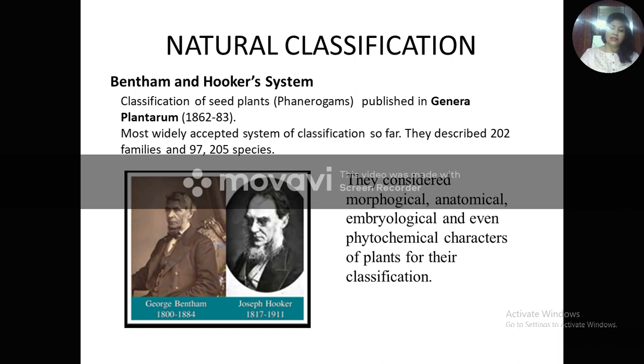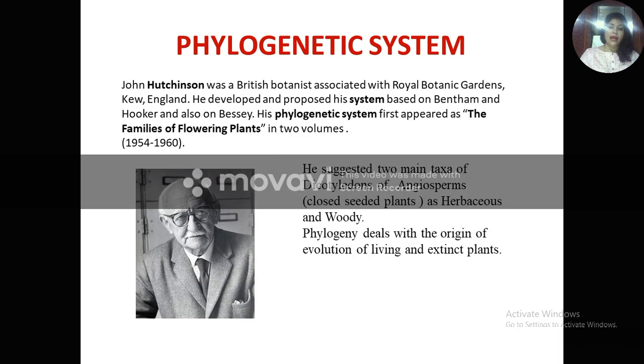And in phylogenetic system, I have taken one example, that is of John Hutchinson. He was a British botanist associated with the Royal Botanic Gardens, Kew, London. Kew is a very important herbarium in the world. He developed and proposed his system based on Bentham and Hooker's as well as Besey's dicta.